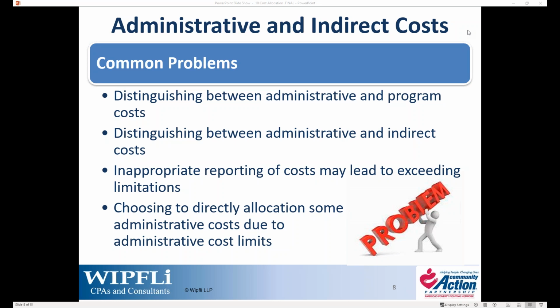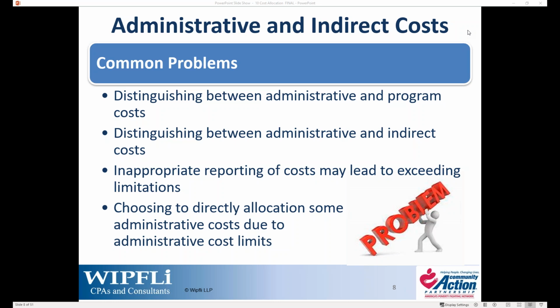So when you look at the total composition of a program cost, you would have one area of costs that are directly program related. So if we're talking about the Head Start program, it would be a teacher in the classroom. That is a direct program service cost. Then you would also have a program director, the Head Start director. That is also a program cost, but it is administrative to that program.